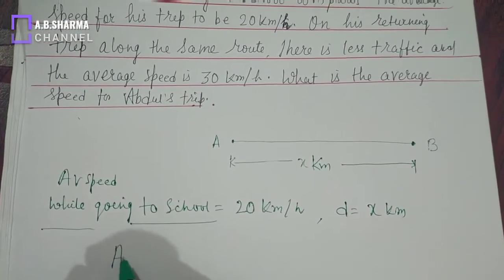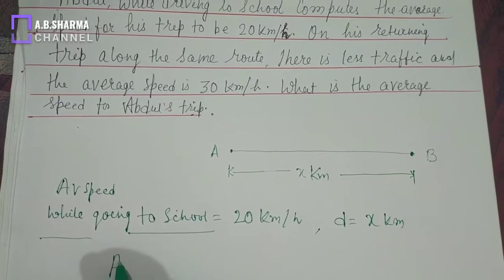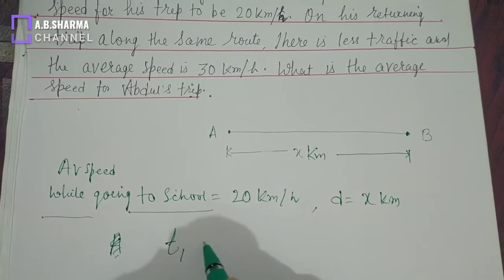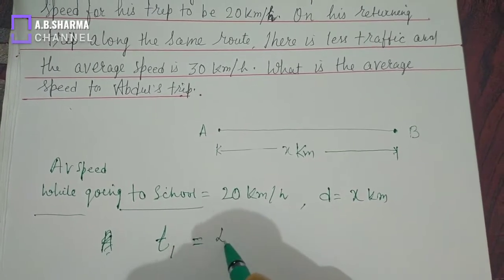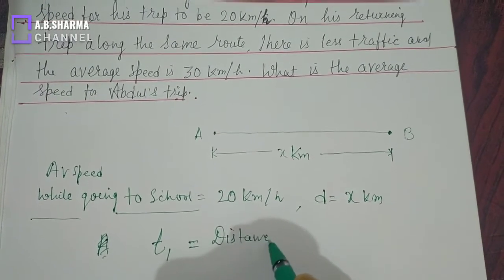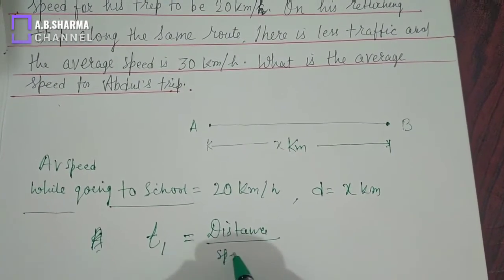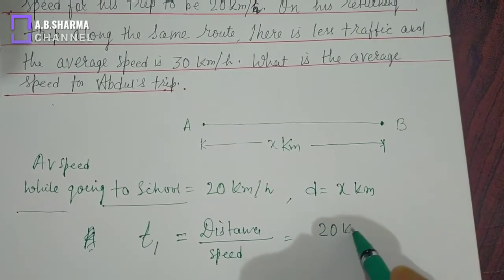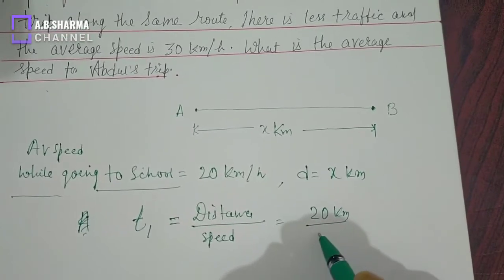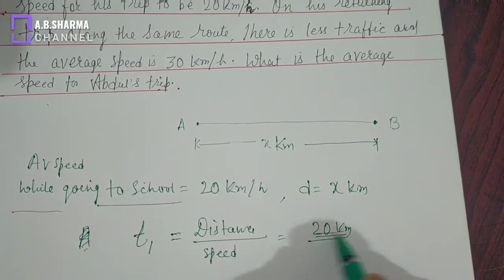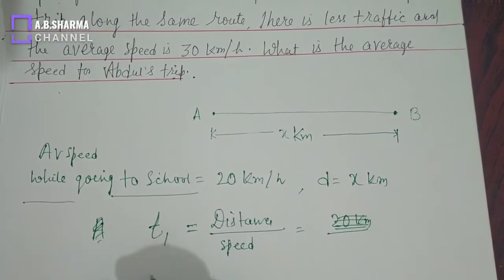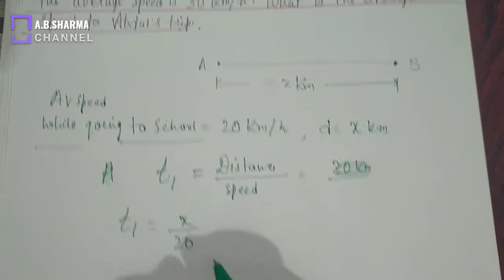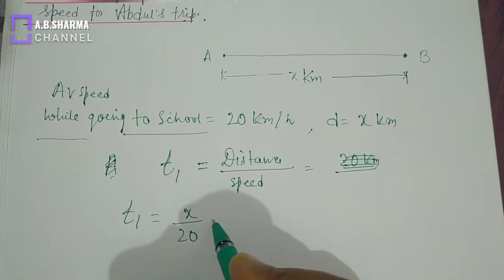So average speed is given and distance is given. What is the time taken while going? Let this be t1. t1 equals distance by speed. Distance is not 20 kilometer, this is x, so t1 equals x by 20 hour.